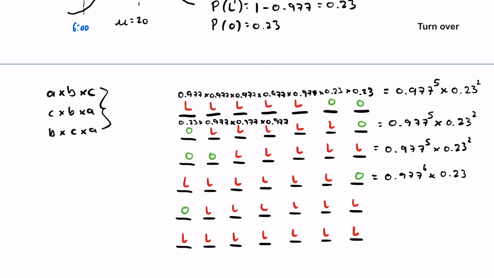This is going to be the exact same situation as well, multiplying by 0.977 6 times, and then multiplying by 0.23 once. In this last situation, we're just going to multiply 0.977 by itself 7 times.